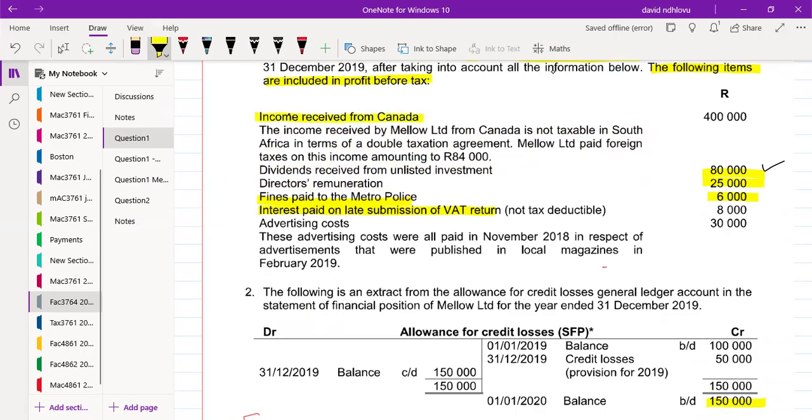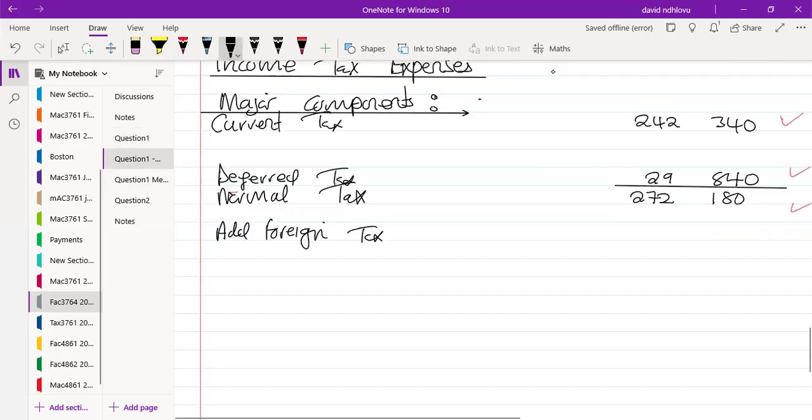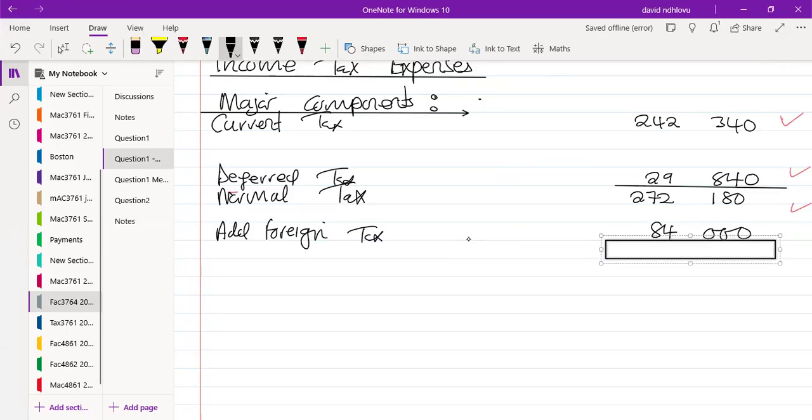Income tax received from Canada. The income tax received by Melo Limited from Canada is not taxable in South Africa in terms of the double taxation agreement. Melo Limited paid foreign taxes on this income of 84,000. So therefore, they paid an additional amount of 84,000. So that ultimately, for our total income tax expense, we have to add these two amounts.